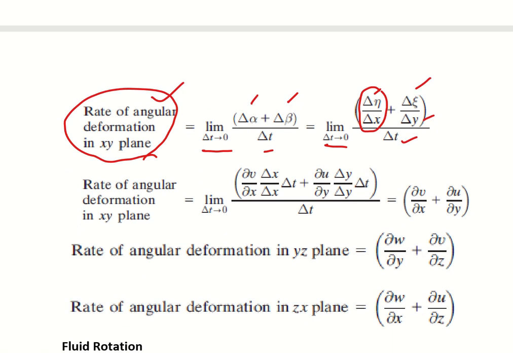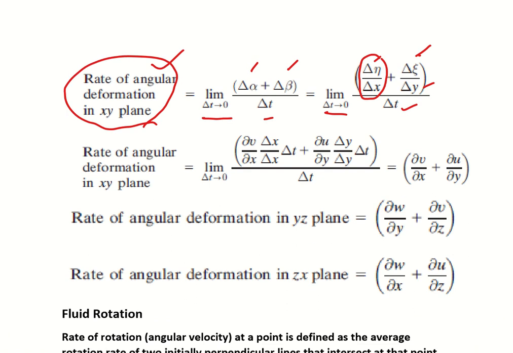We have already calculated this delta eta, delta xi, so substitute here, and we get the rate of angular deformation in the xy plane as del v over del x plus del u over del y.